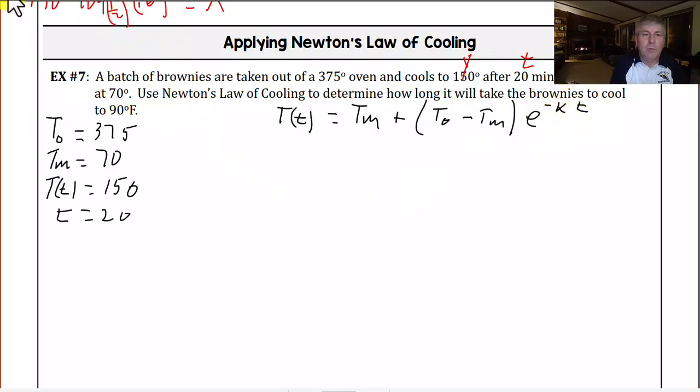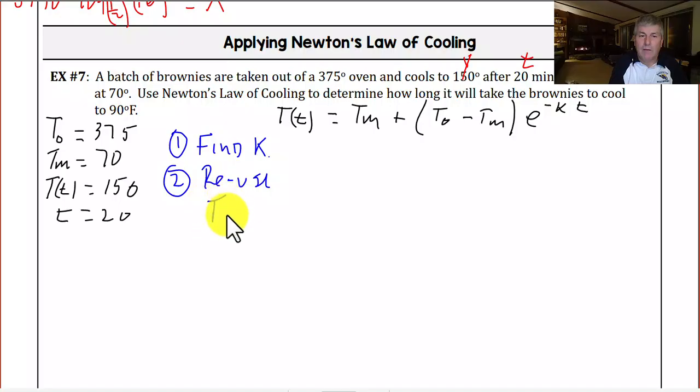So in this particular problem, after we've identified everything, we need to find k. And then once we find k, we can reuse the equation with T sub t equal to 90. So the first thing we'll do is find k. We'll put everything into our equation.